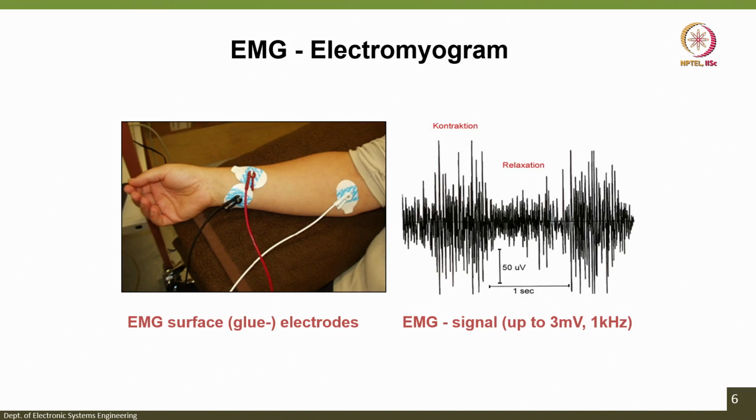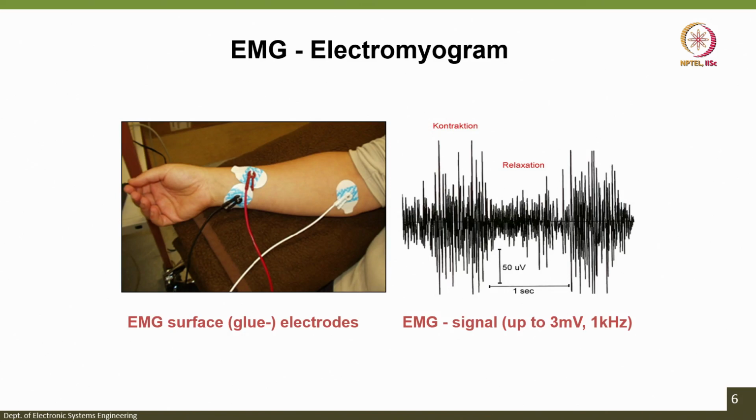And again, the way to acquire the signals from the muscles is using electrodes, and these electrodes are on the surface, which is why we call them EMG surface electrodes. When the muscle contracts and relaxes, there is a change in the signals produced by those muscles.